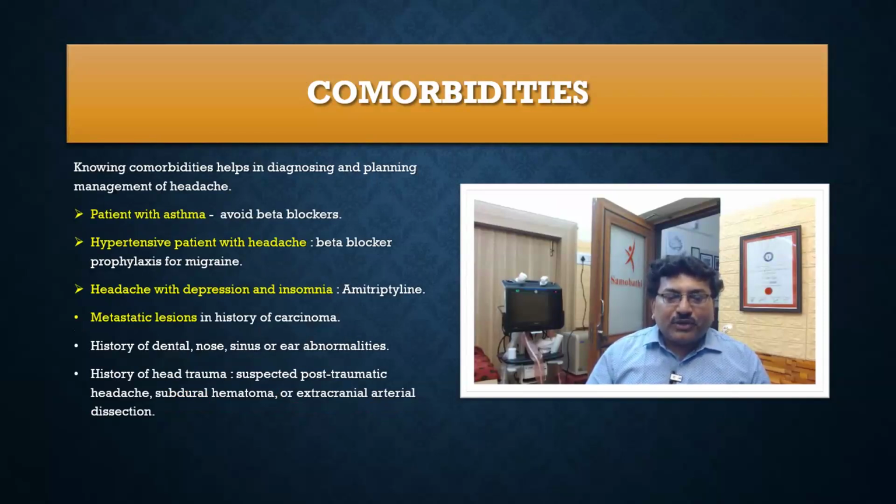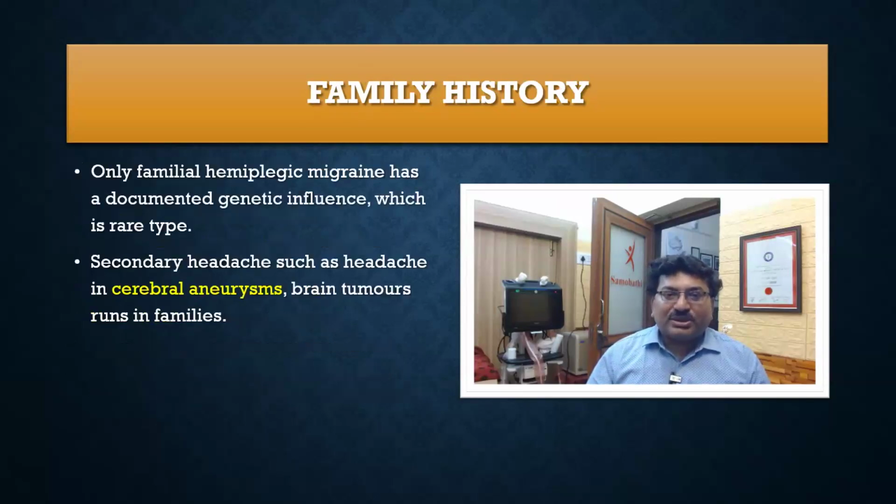In a patient having a history of other carcinomas, we can think of a metastatic lesion, and we have to take the history of dental, nose, sinus, and ear abnormalities, and history of head trauma. We have to suspect post-traumatic headache or subdural hemorrhage or extracranial arterial dissection. So these we have to ask the patient.